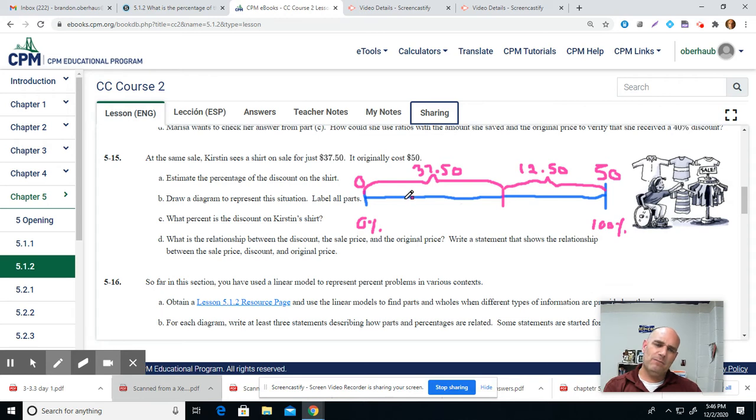Well, if I split them up into 10 equal pieces, 50 divided by 10 would make everything worth 5. So that really doesn't give me my 50 cents. I don't know. Let's split it up into, I don't know, 20 equal pieces. No, I don't like that. Boy, I need to split things up.